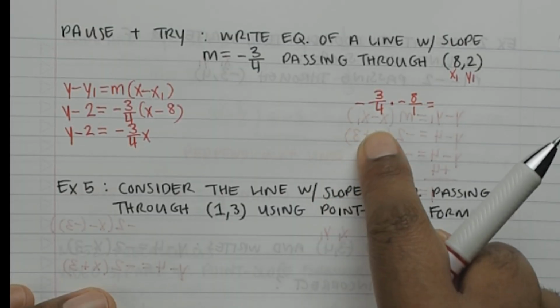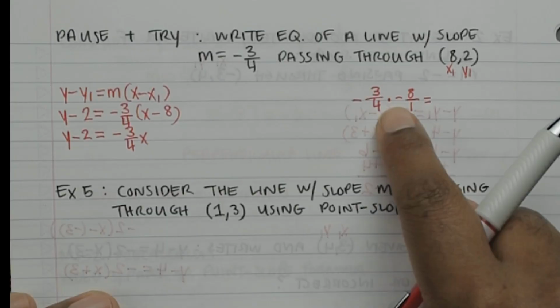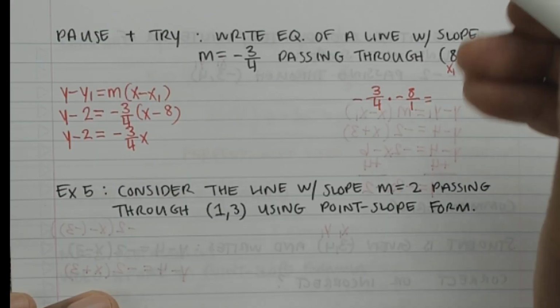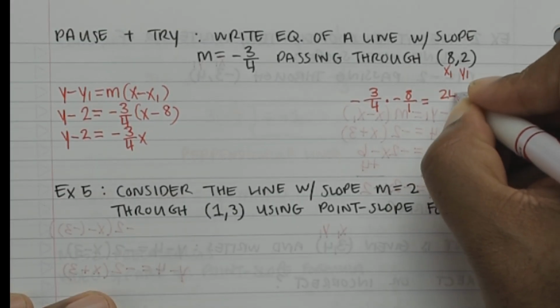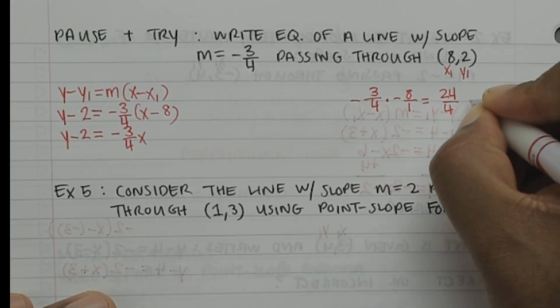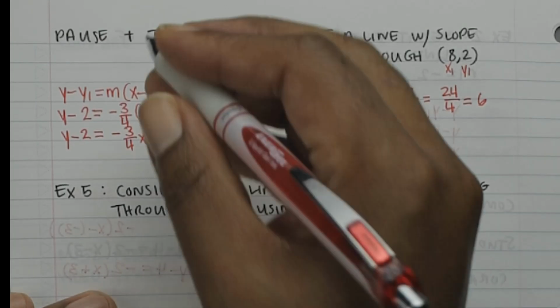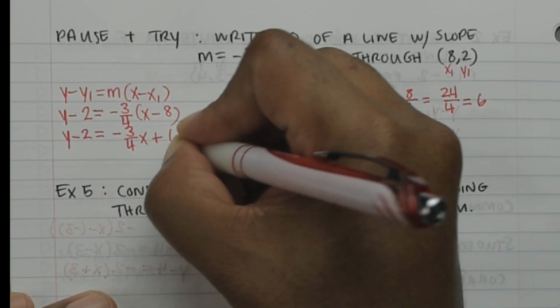You know the rule with fractions: you multiply the numerators together, multiply the denominators, or multiply straight across. A negative times a negative is going to give you a positive. This is going to be 24/4, which reduces to 6. So plus 6.